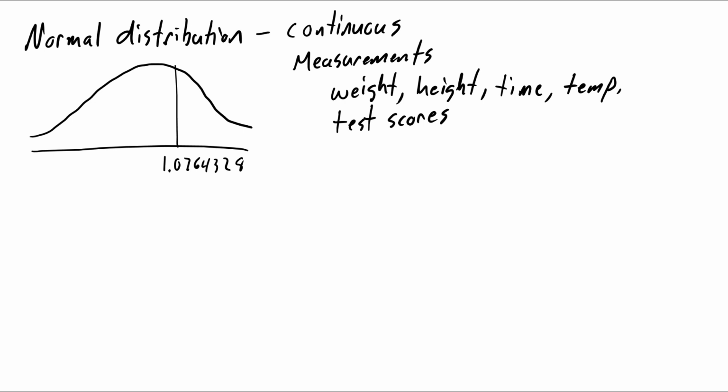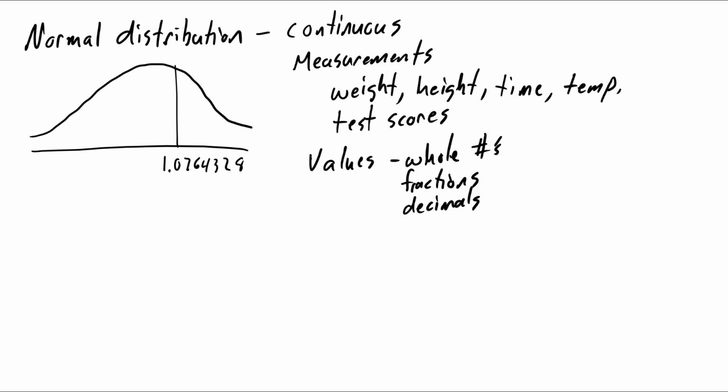So decimals, fractions, all of those work with the normal distribution. So our values can be whole numbers, fractions, or decimals. All of those are just fine.